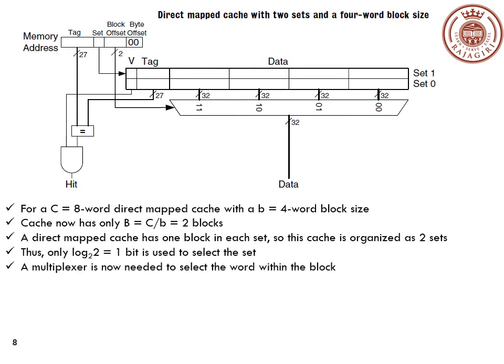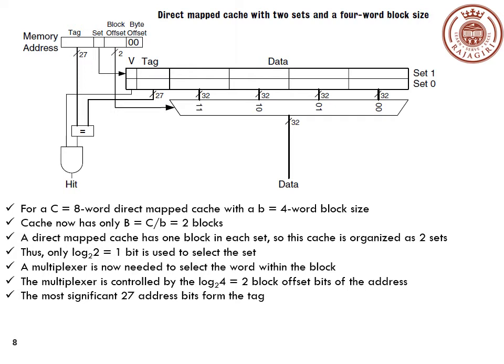Now we will see a direct mapped cache itself. What direct mapped cache means is that you are going to have a set, and in that set a single block. Here also you are using the same concept. You are having a particular set, and inside that set a single block, but the block size is a 4-word block, which means that a block is having 4 words inside it.